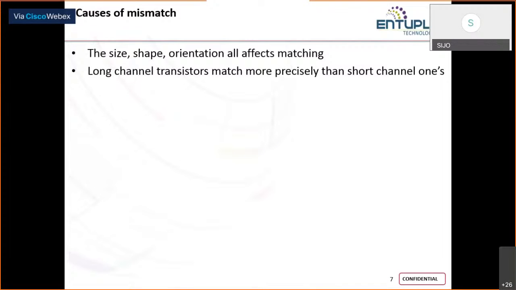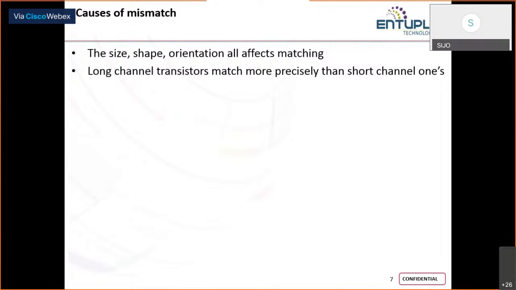As you all know, the higher the size, the higher the area, and the effect of mismatch on the entire layout, that ratio, will be less. Always the size, the shape, and the orientation all affect matching. And obviously long channel transistors match more precisely than short channel. Now let's discuss a few instances where matching can be crucial.